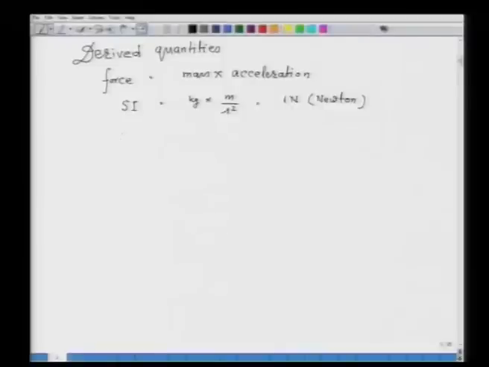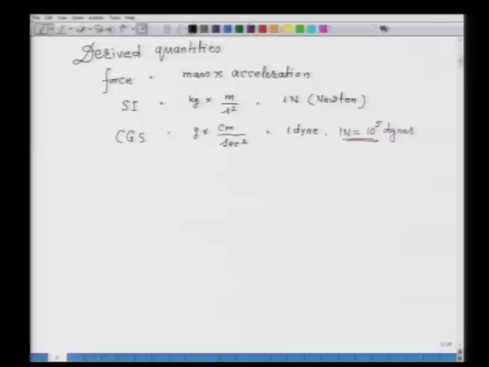Say in CGS system, that will be equal to gram into centimeter upon second square, and that is called 1 dyne. Also to note, 1 Newton is equal to 10 to the power 5 dynes.